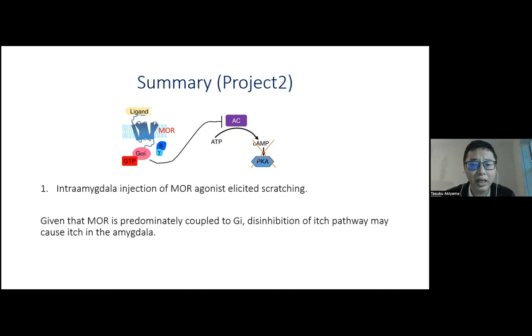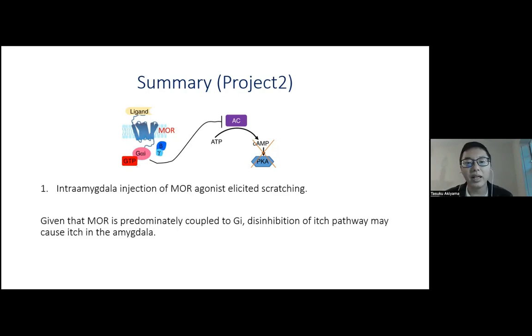So if that's the case, most likely this inhibition of the inhibitory pathway is causing the itch in the amygdala. So another important fact is the central amygdala consists of GABAergic neurons. So most of them are actually inhibitory interneurons.